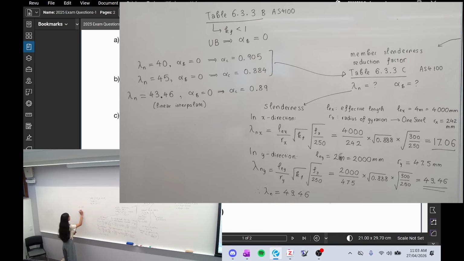You want to find the two values that it's closest to. So the table will give you a value for 40 and for 45, although not for 43.46.